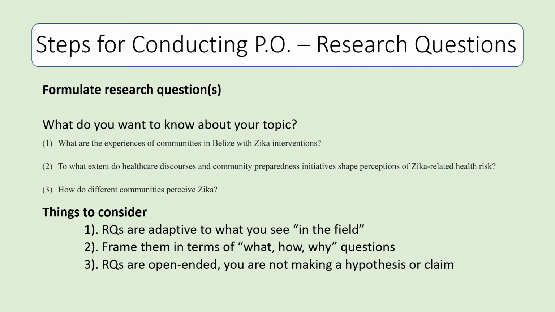So the three research questions that I operationalized for my thesis work were, what are the experiences of communities in Belize with Zika interventions? This is a very broad question. Basically, I'm asking, what are communities doing to address or respond to Zika virus? And that can include, for instance, vector control interventions.